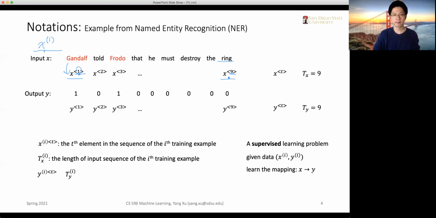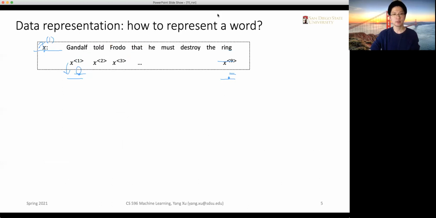Okay. All right. Let's further dive into the practical problem of how we can represent a word. This is a typical natural language processing problem, but this is not a narrow problem.